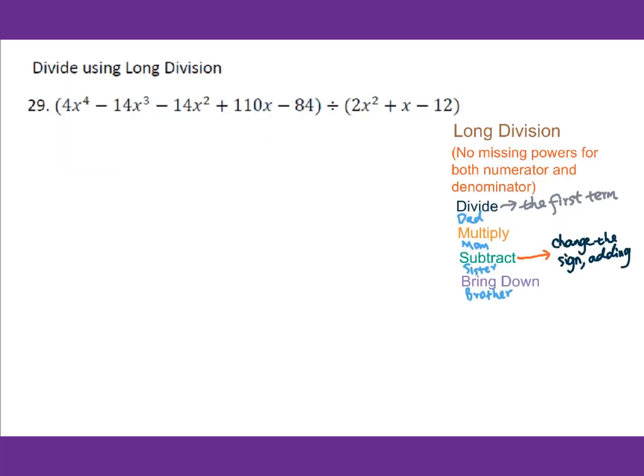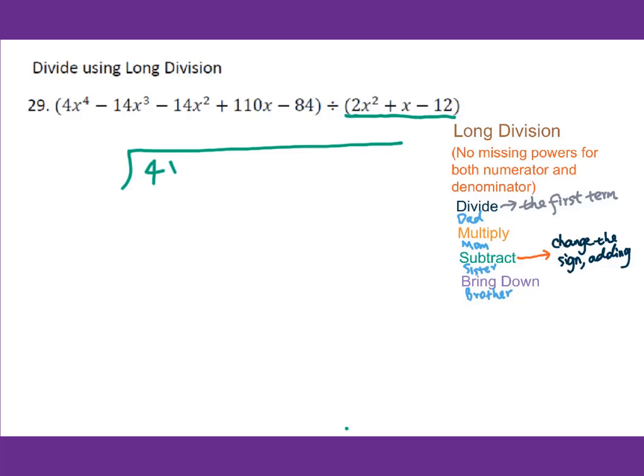One more example, long division. No missing power. You check 4, 3, 2, 1, constant. Therefore, the numerator has no missing power. For denominator, still you check no missing power. So we do long division now.